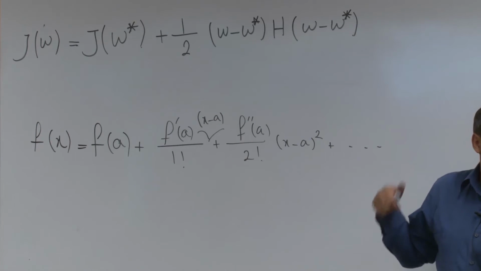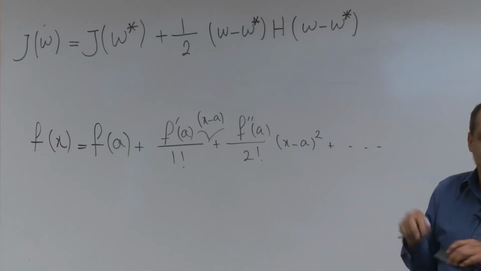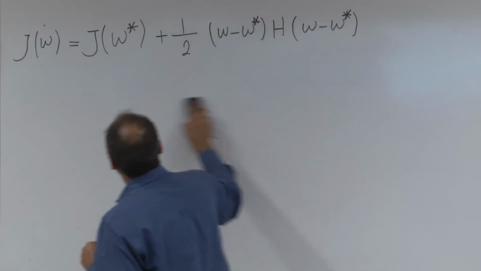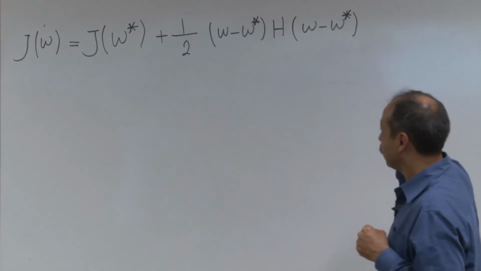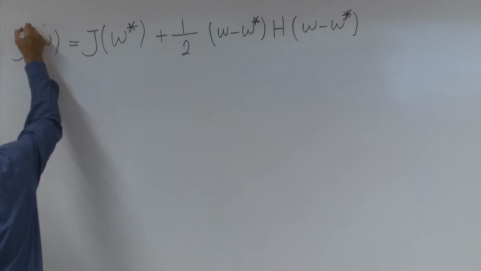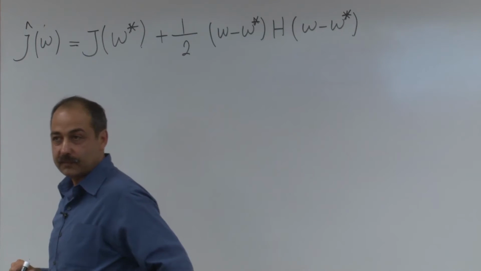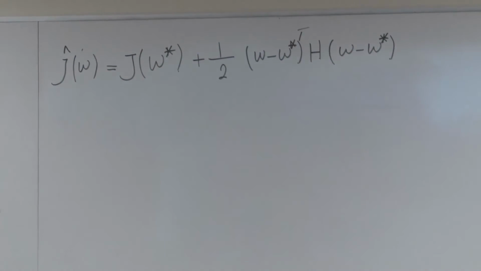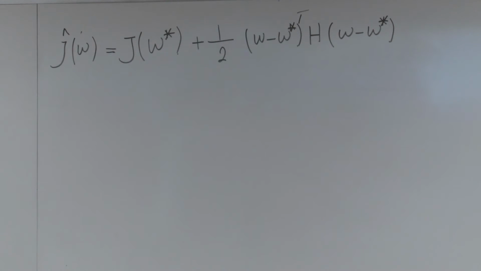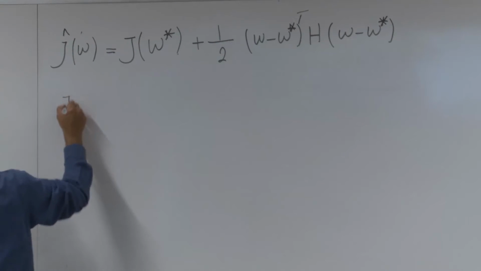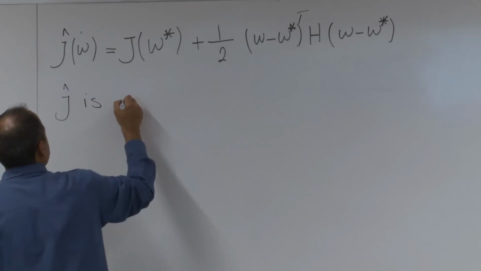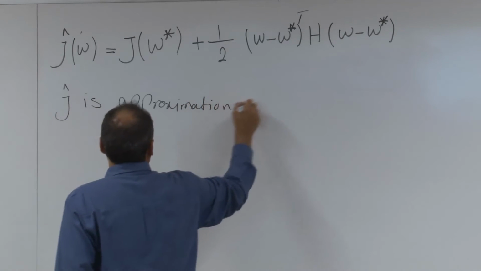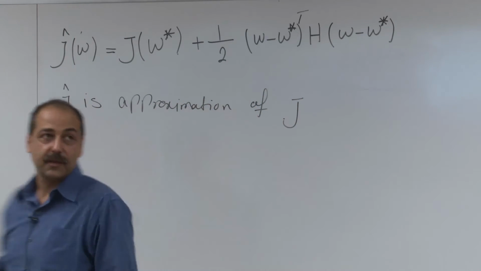And I can expand it more, I can assume that there is a third term and so on, but let's assume that it's only 2 terms. So this is my approximation. This is my approximation, J hat, of J. Okay?